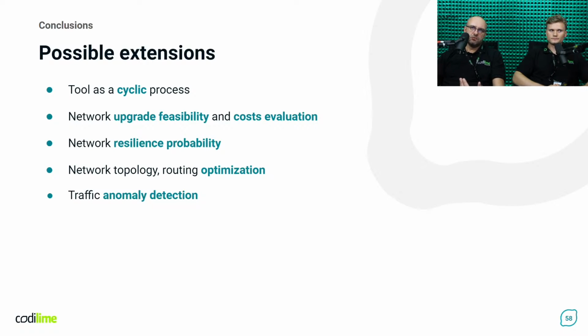There is a place where we can apply additional optimization algorithms, including reinforcement learning, because we can apply some steps and check the results. In that way, we could try to find a better solution and give such a recommendation to network engineers.